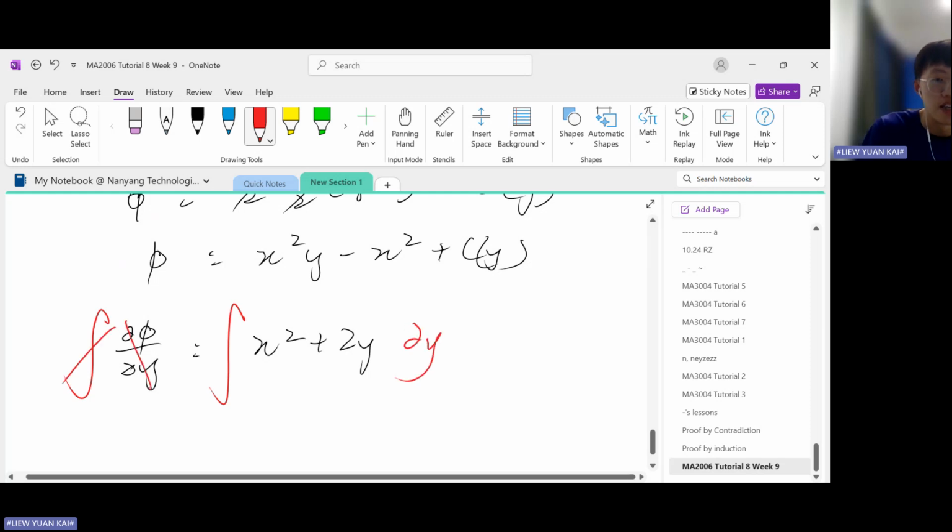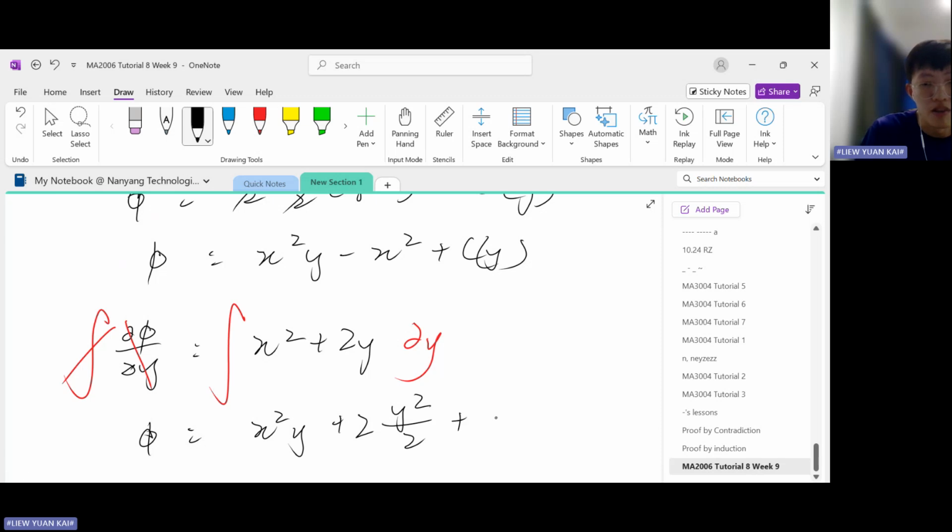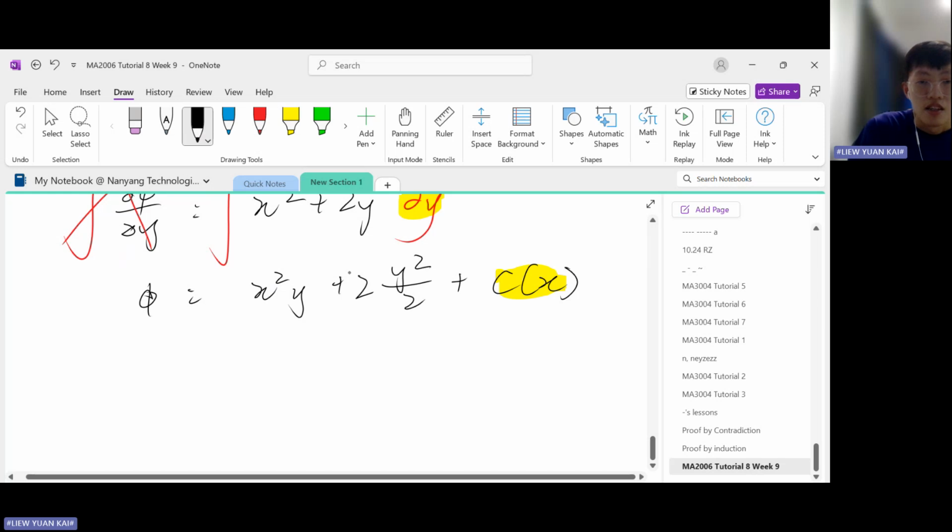The integral can cancel with the derivative, leaving behind phi. Then this is just a constant, so just plug in a y, and then this one you need to power plus 1 divided by a new power, plus, don't forget the arbitrary constant, which is now a function of x. So remember, if you integrate with respect to y, the arbitrary constant is a function of x. Okay, cancel, cancel.